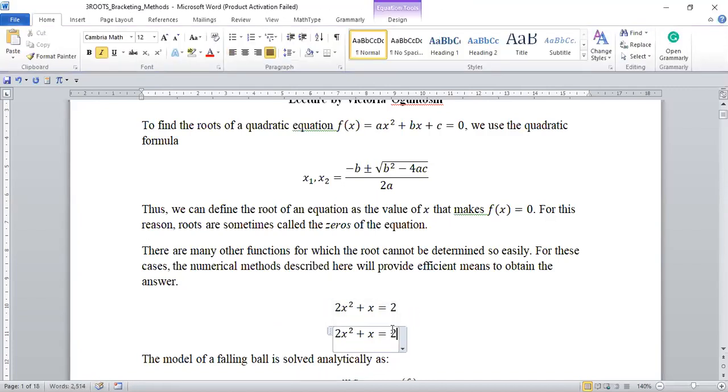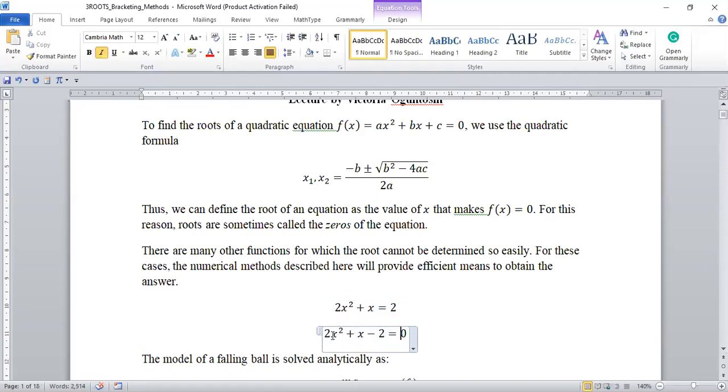You simply subtract both sides by 2, then you equate it to 0. So if you are given this expression and asked to find the value of x, you can reduce it to finding the root of the equation by subtracting both sides of the equation by what you have here, then equating it to 0.